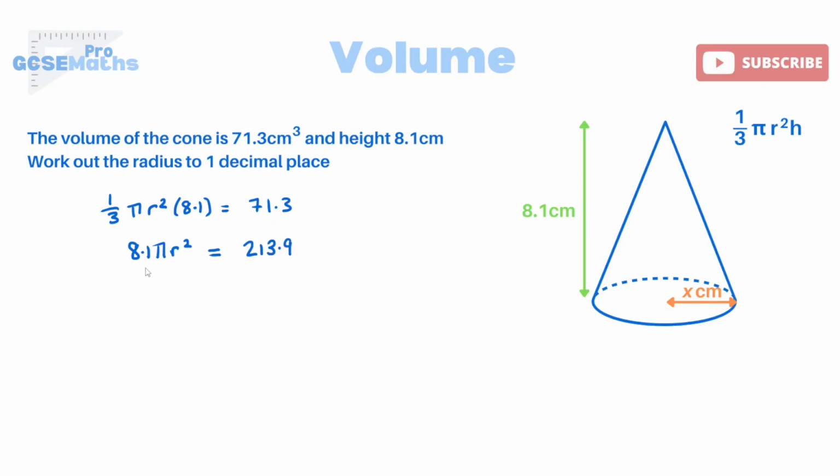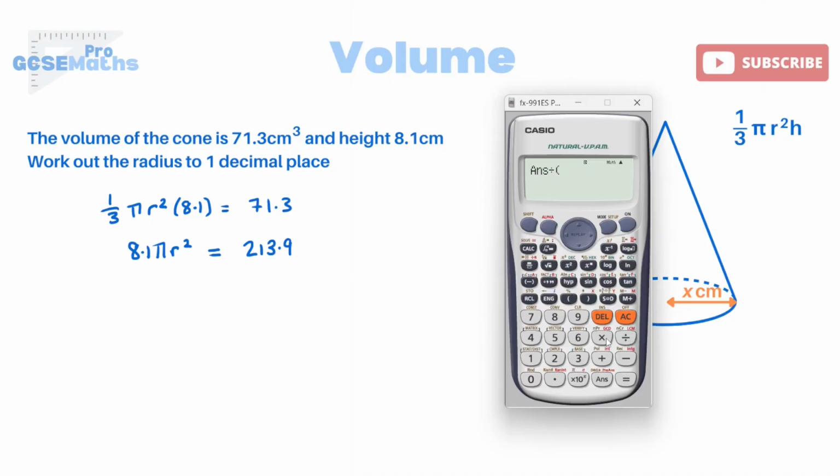Now I would probably divide by 8.1 pi. You can do that all in one, you can do it in 2 steps, it doesn't matter. I'd probably put it in a bracket, I guess. 8.1 multiplied by pi. Now we've got loads of decimals, so just write down a couple of them, but leave your answer in your calculator. So 8.405, let's say.